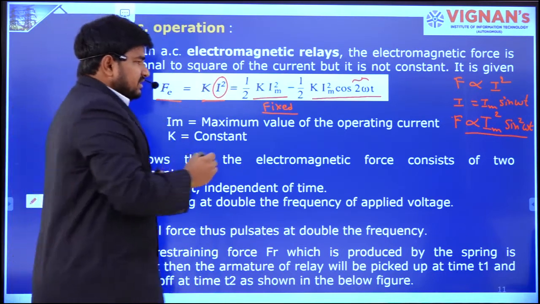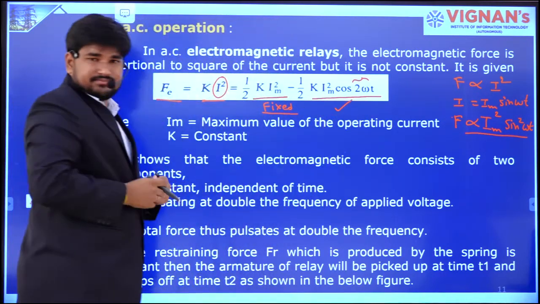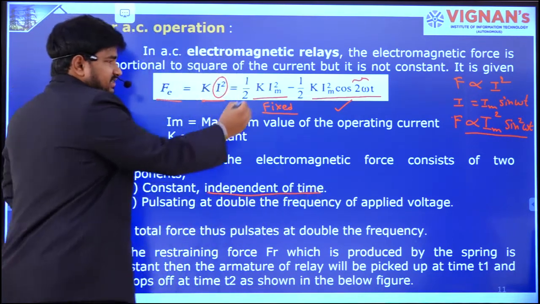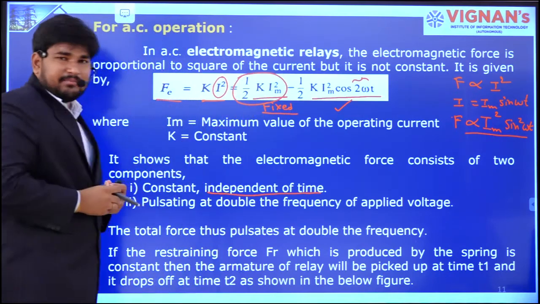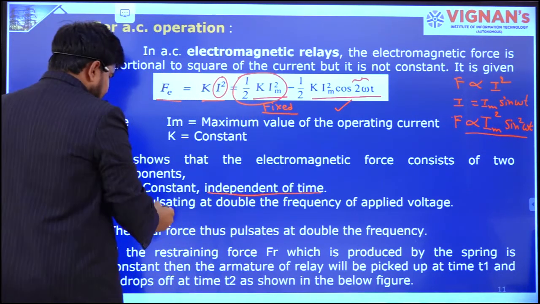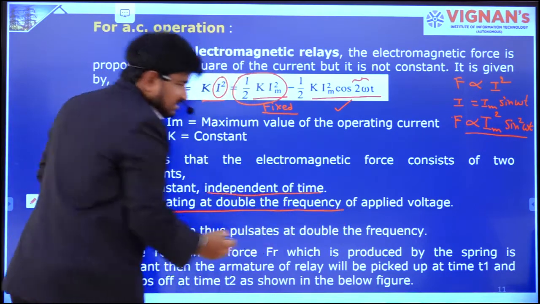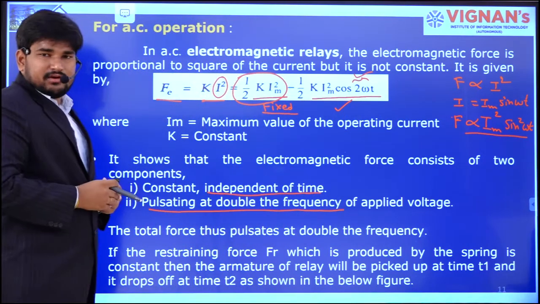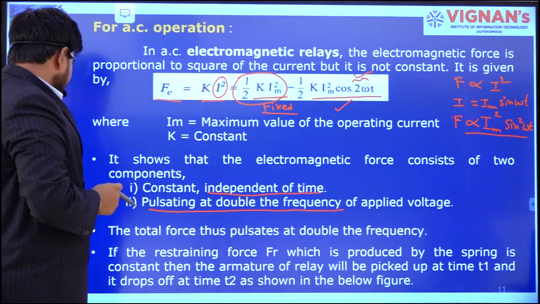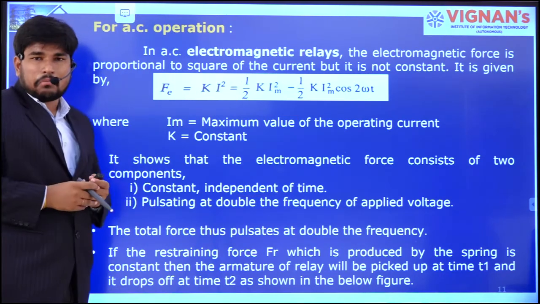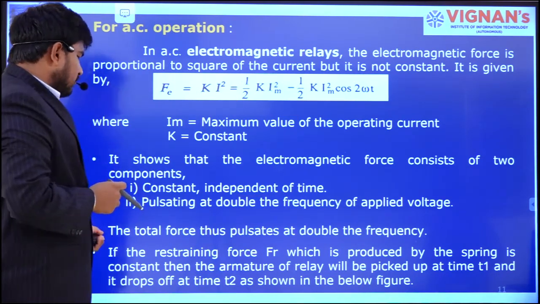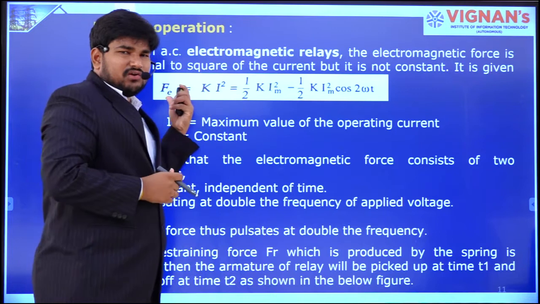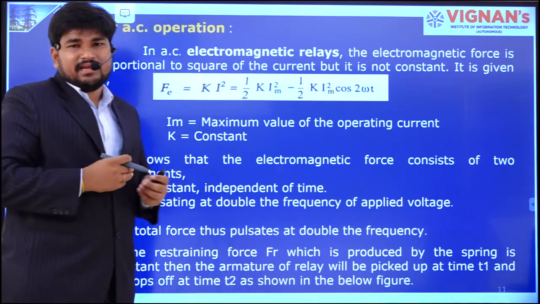So these are two components. The first one is independent of time, and the second quantity is pulsating at double the frequency. The total force thus pulsates at double the frequency.